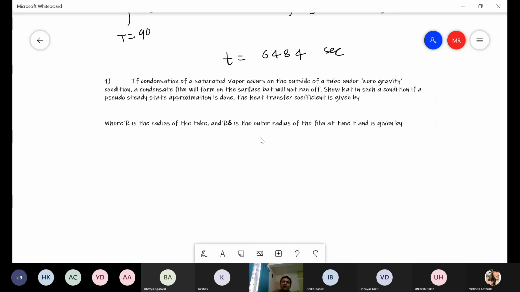No equations. I'm unable to copy the equations here. So just bear with me. You can look at the equations directly in the tutorial sheet. Is it all right? Hello, is it all right?